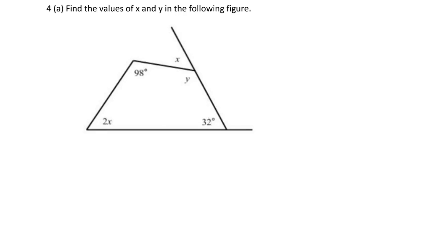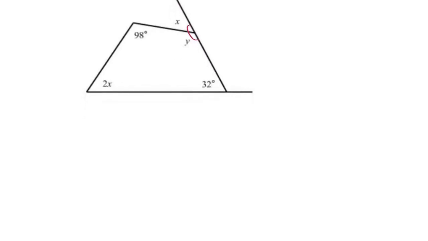Question number 4, part A. Find the values of x and y in the following figure. So we've been given the figure there, and we have to recall that this is the geometry problem. From the given figure, x and y form a straight angle with a sum of 180 degrees.